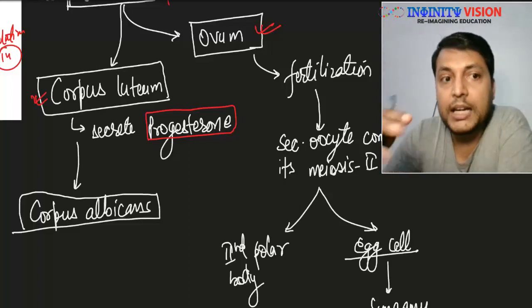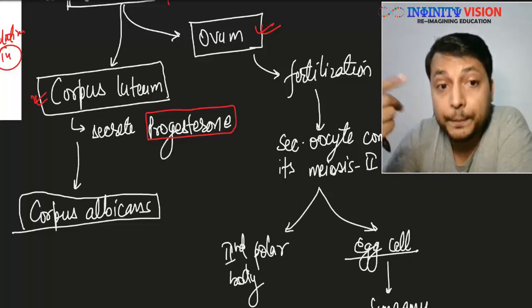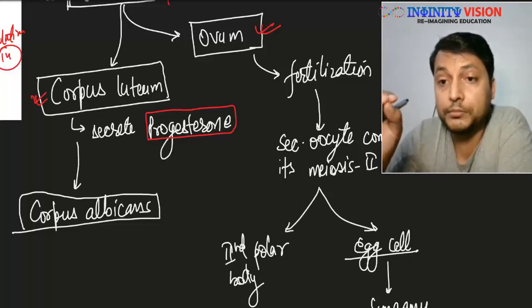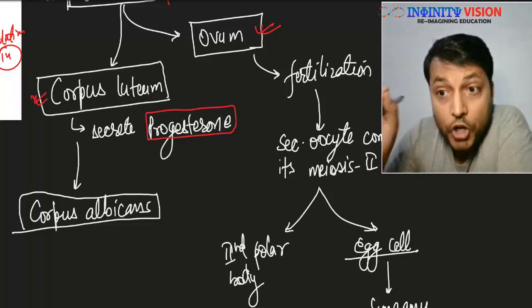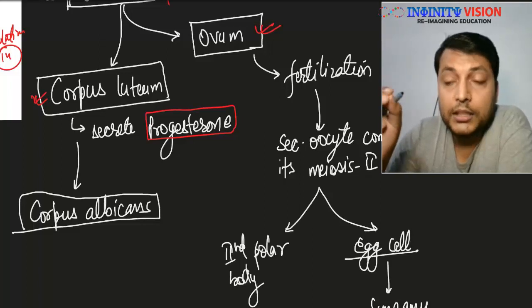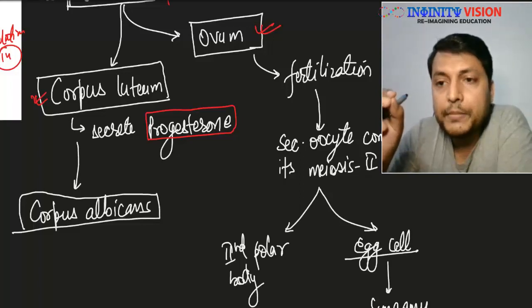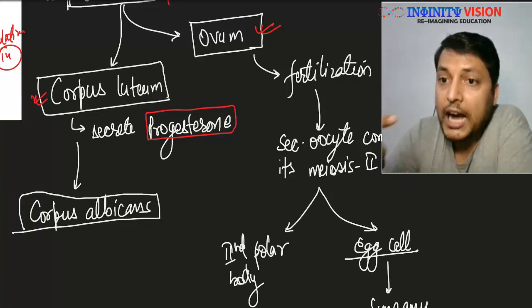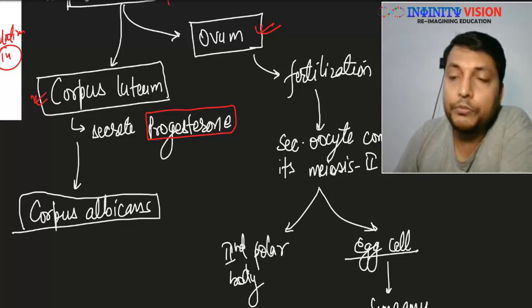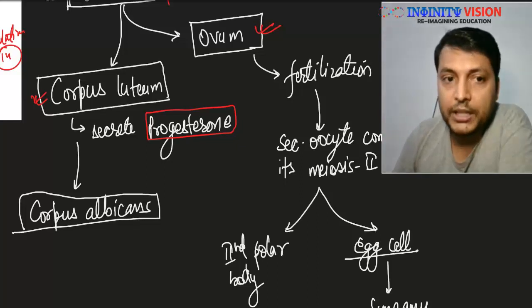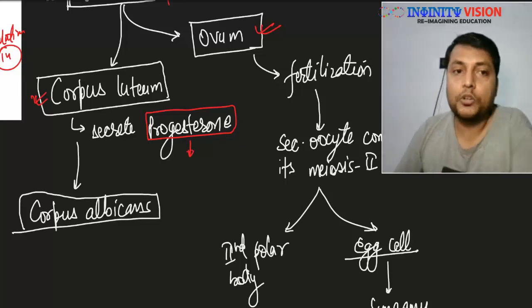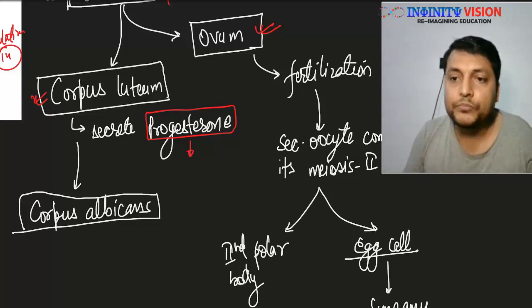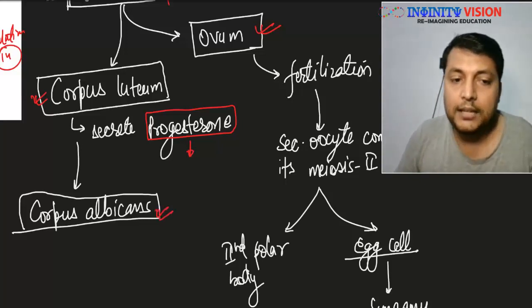Now there are two cases. If the female becomes pregnant, then this corpus luteum will be maintained for the next 2 to 3 months. If not, then the corpus luteum will be maintained only for the next 12 to 13 days. After that, the corpus luteum will start to degenerate. As a result, the progesterone levels will go down, and the corpus luteum will finally degrade to form the corpus albicans.